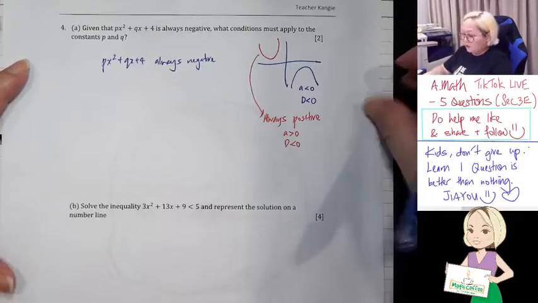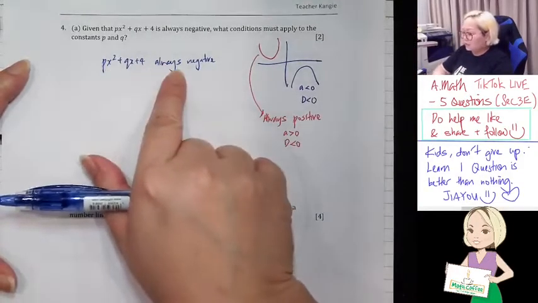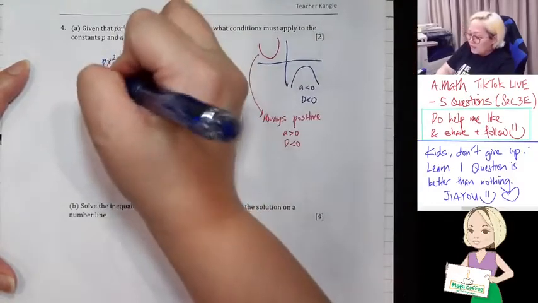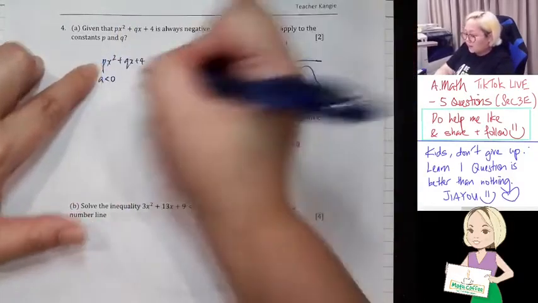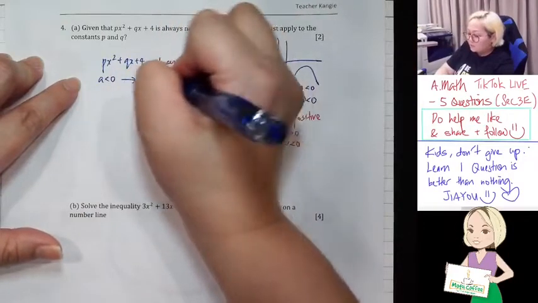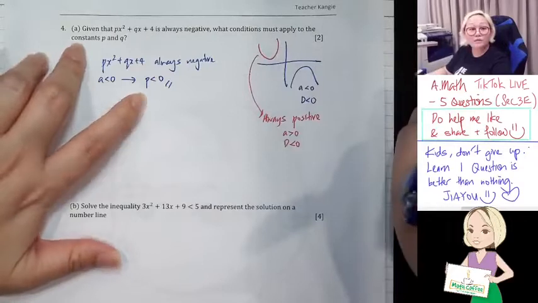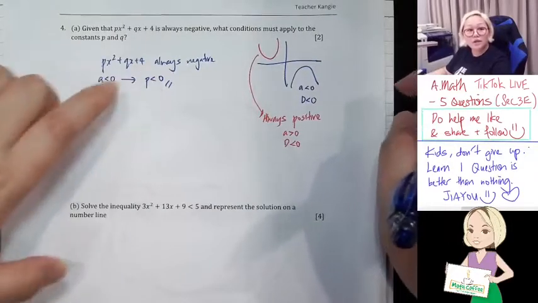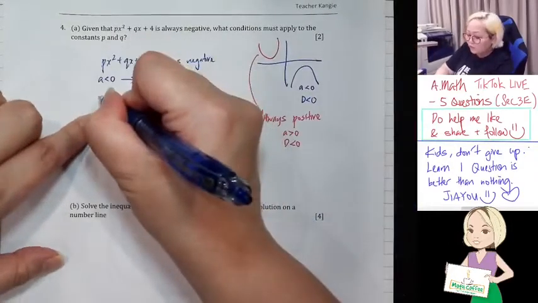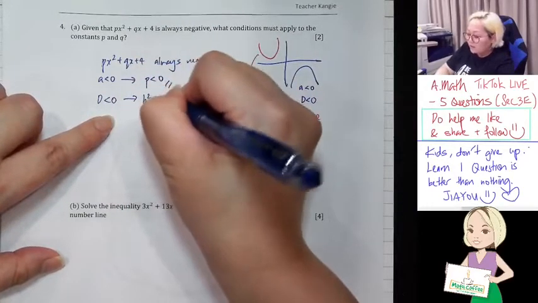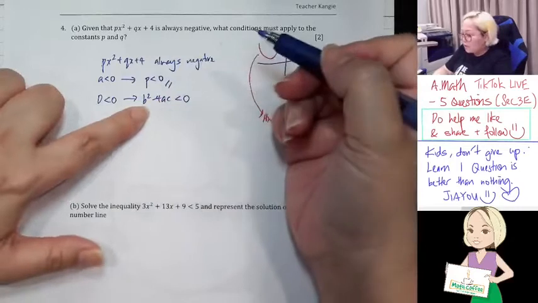Okay, let's move on. So since this one is always negative and we know the two conditions I need to fulfill, a less than 0 means my p must be less than 0. This is the first condition, because they ask what condition must apply to the constants p and q. Second condition is I need to fulfill discriminant less than 0, which means b squared minus 4ac less than 0. b squared is q squared.